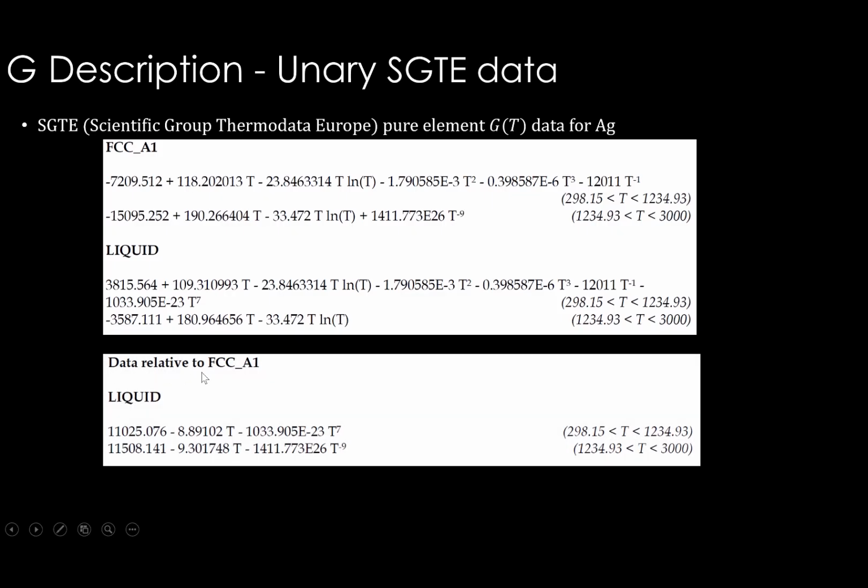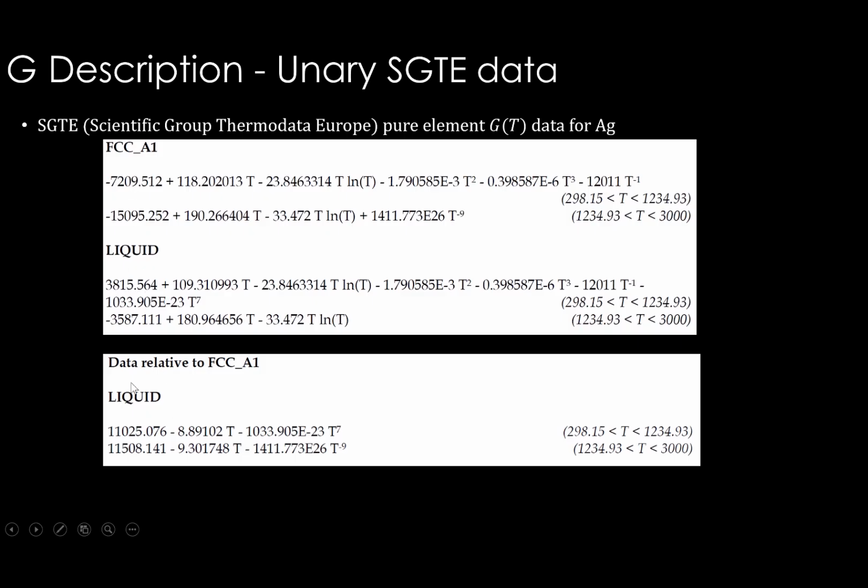SGTE also gives data with respect to the standard state, that is FCC-A1 for silver at 298. So based on that, the liquid expressions are given here. You see, the first term you can try to compare here, minus 7209 here for FCC. Here it is plus 3815, right? So the difference between them is about 11,000. Meaning if you add this first term 11,000 something to the 7,200 value, you will get this 3,800 value, right?